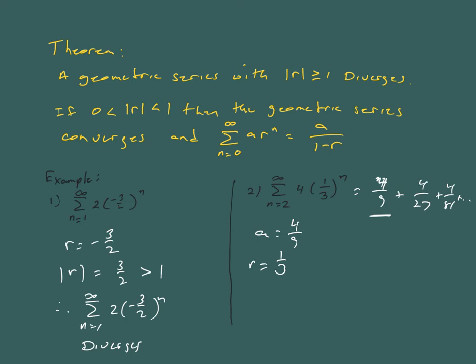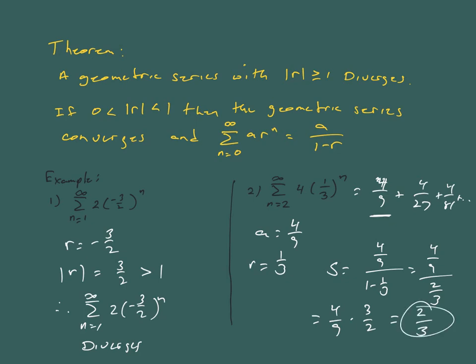So I know that this series is going to converge, and it's going to converge to s equals (4/9) over (1 minus 1/3), which is (4/9) over (2/3). And so that's equal to 4/9 times 3/2, which equals, again, 2/3. So this particular series is going to converge to 2/3.